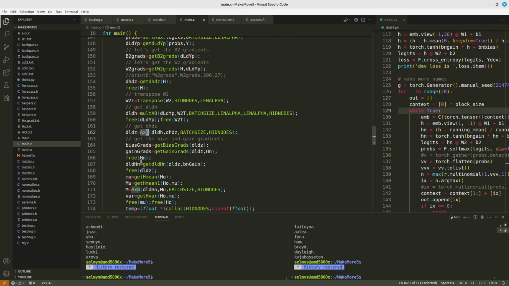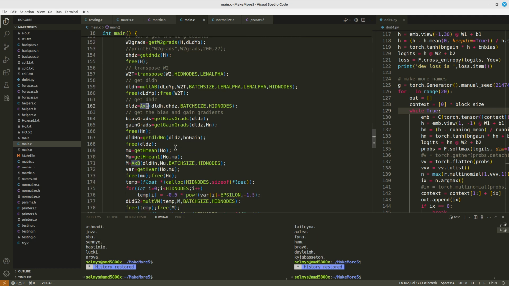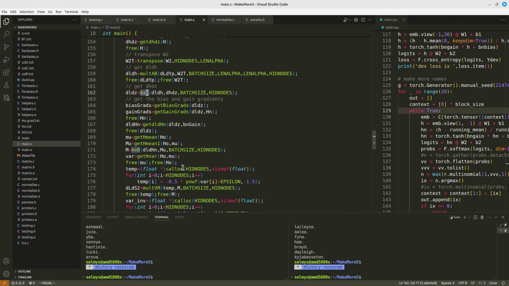And then we get the loss with respect to the normalized layer. And then we have to compute the mean, and there are two different means. One is the mean as a vector and one is the mean as an array. And again, we multiply to get M here. We go through lots of intermediate steps here.